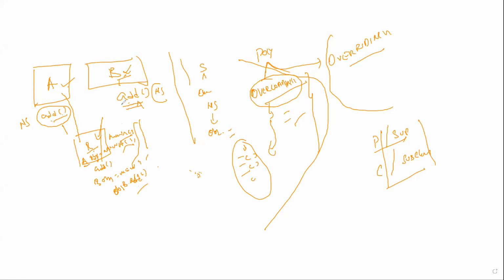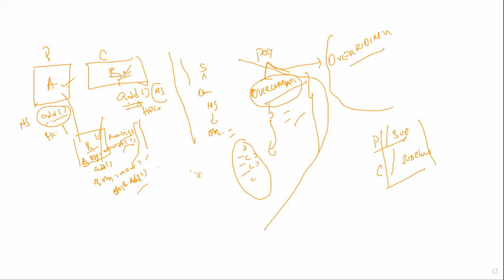Now, for an example, this B class has been extended with A, which means this is the parent class and this is the child class. Now what would happen? Here I'll be printing hi, and here I'm trying to print hello.